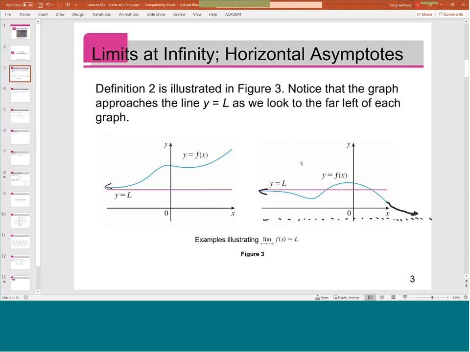So we can see here that the limit as x approaches minus infinity for both of these graphs is equal to some L. And if I call this M, I can say the limit as x approaches positive infinity of f of x is equal to M. Does that make sense, just visually?